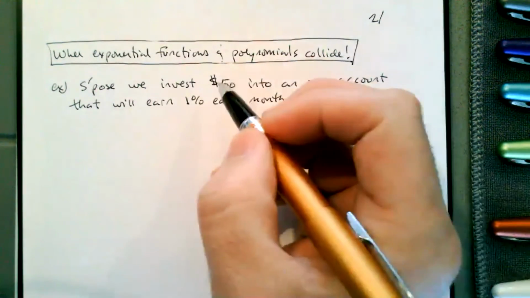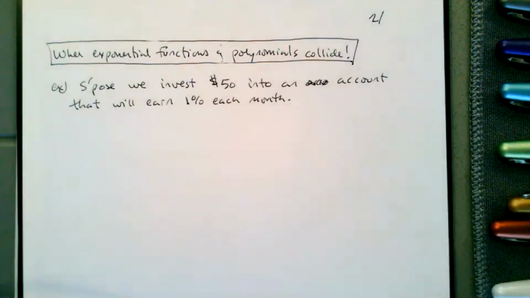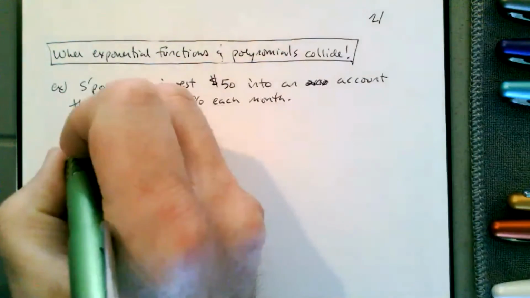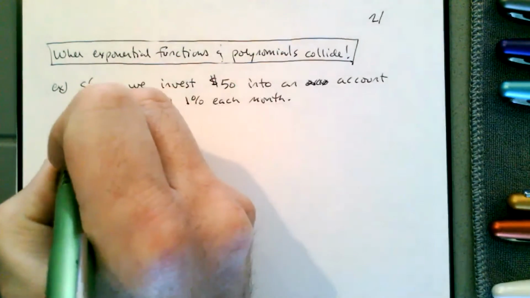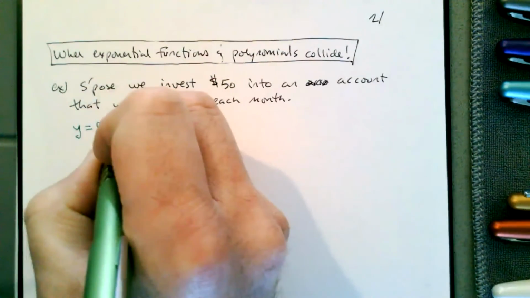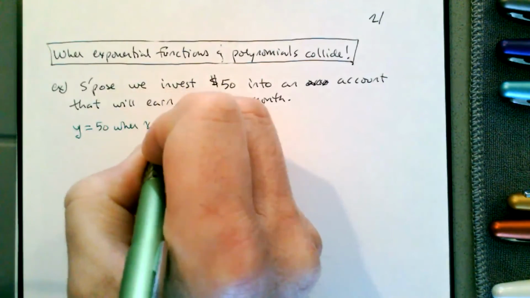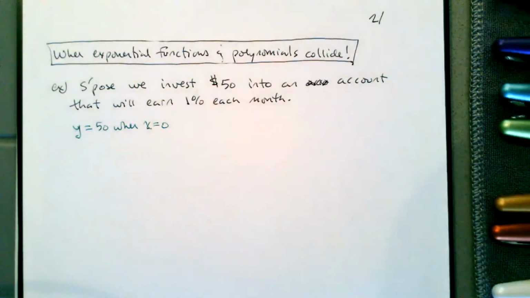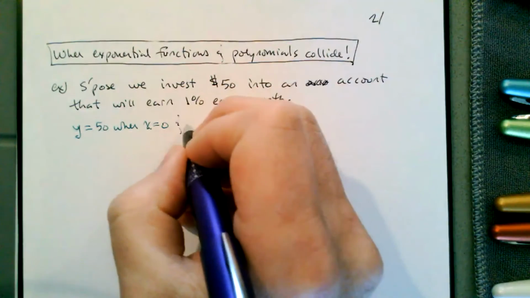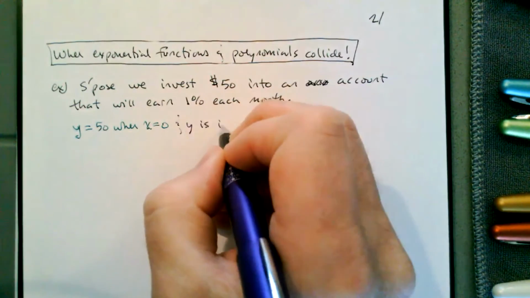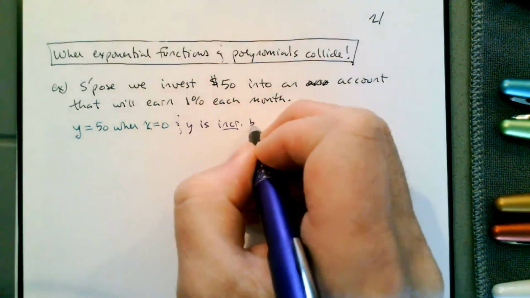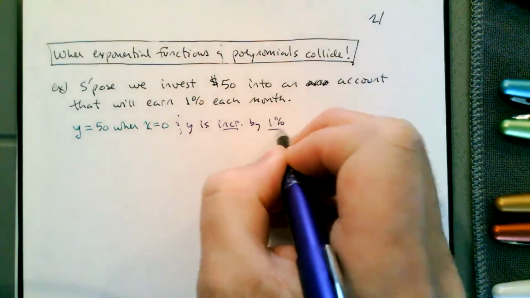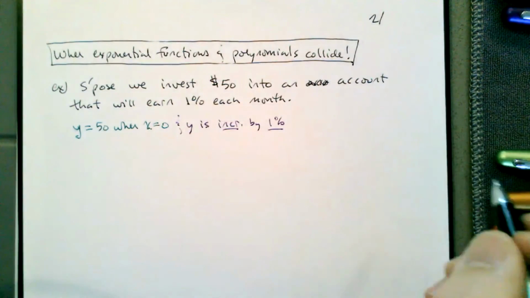Here we're saying y equals 50 when x equals 0. And we're saying that y is increasing by 1% each unit.